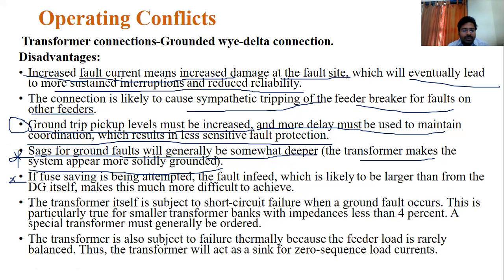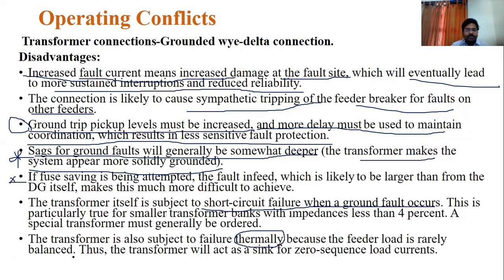Now what is another one? Because of the increase in this fault current, it may cause short circuit failure when a ground fault occurs. Then what is another point? The last point is that the transformer is also subject to failure thermally. When the current increases, the heat of the transformer may increase.